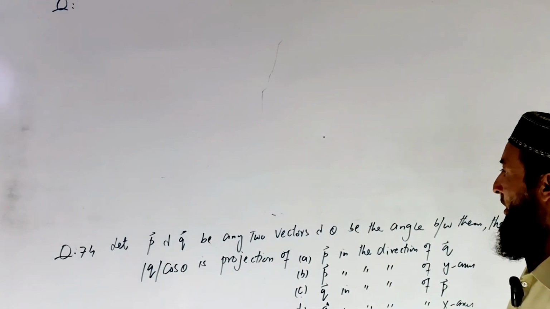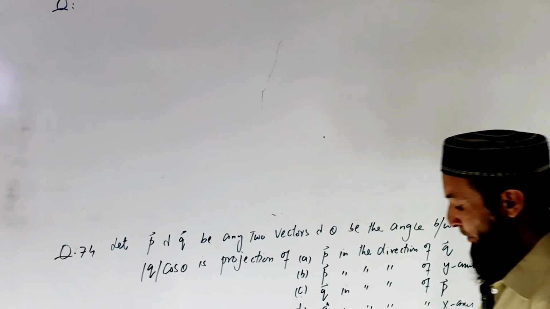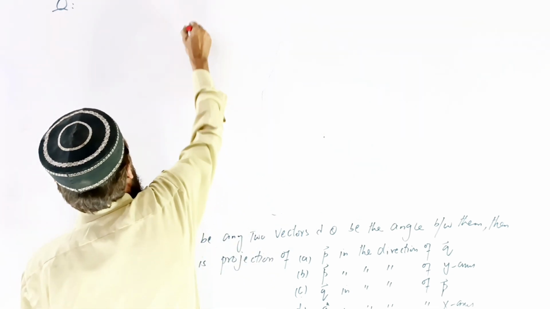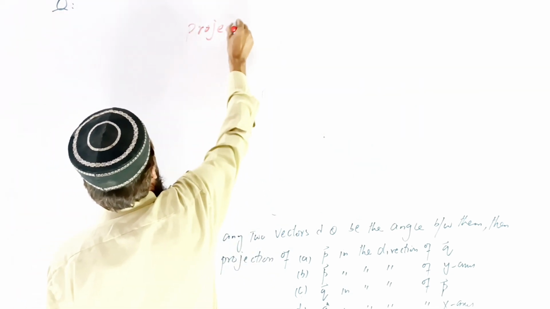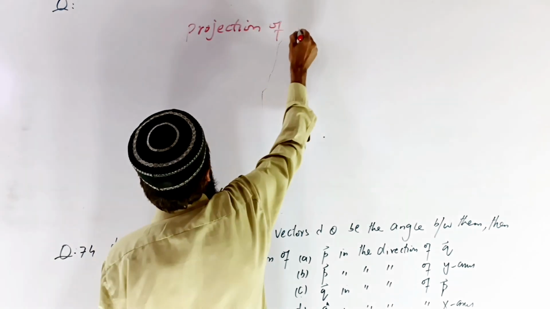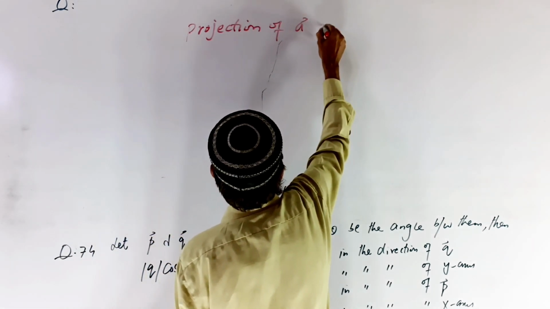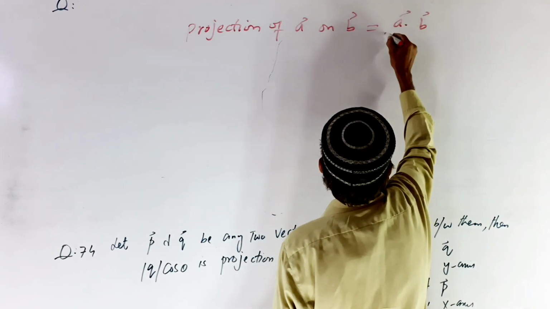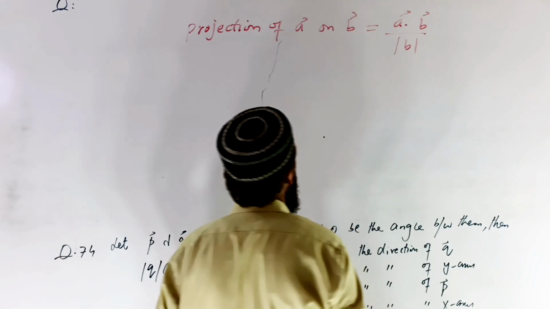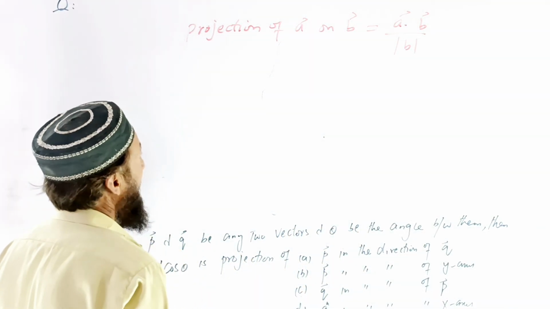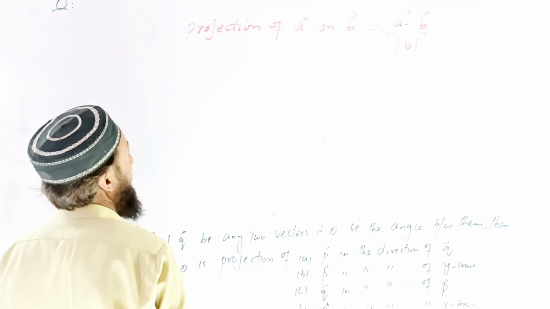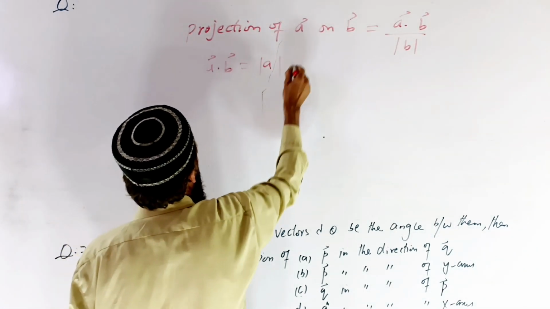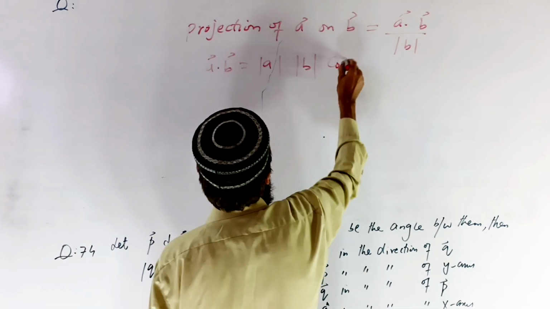According to the projection property, the projection of A on B is equal to A dot B divided by B magnitude, and A dot B is equal to A magnitude and B magnitude cos theta.